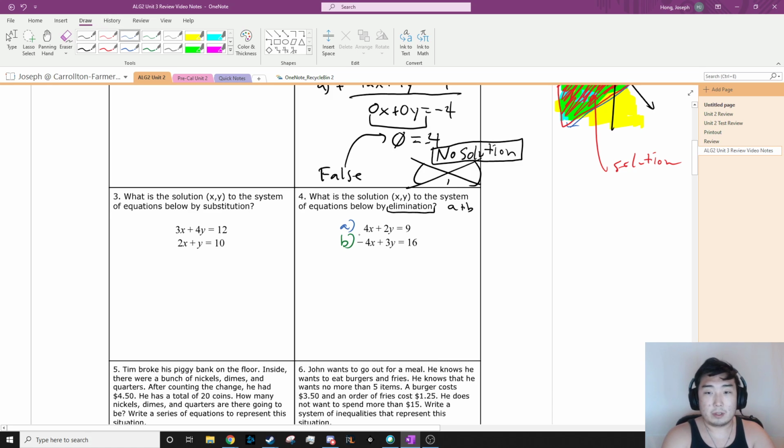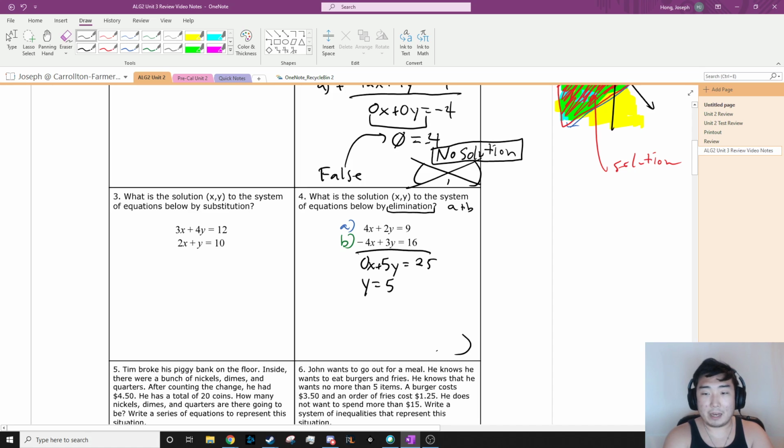I want to get rid of a variable whenever I add them together, so I can just add these together. This becomes 0x, which is my goal, to get rid of a variable. 2 minus 3 is... 5y, and 9 plus 16 is 25. So y is equal to 5.